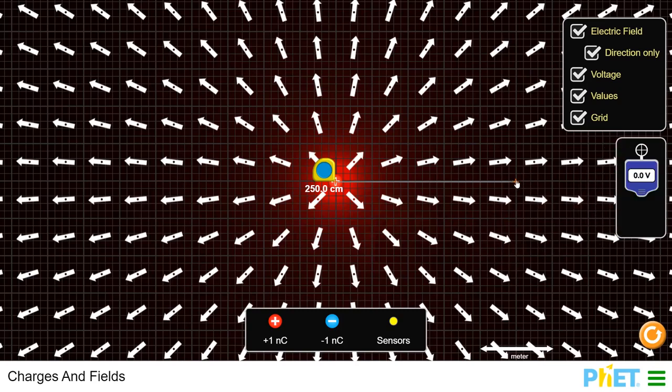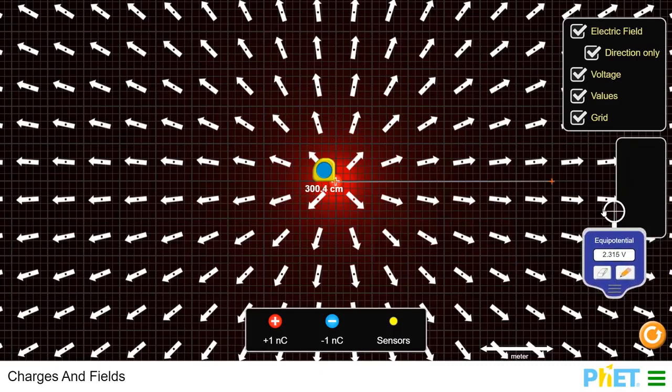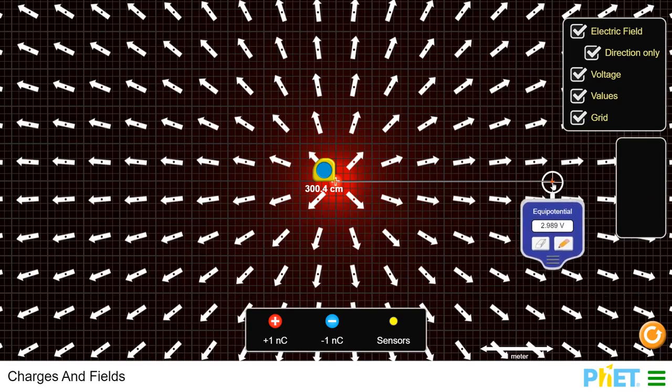Next, we have 300 centimeters. So we will use 300.4 centimeters, or 3.004 meters. Our electric potential is 3.001 volts.